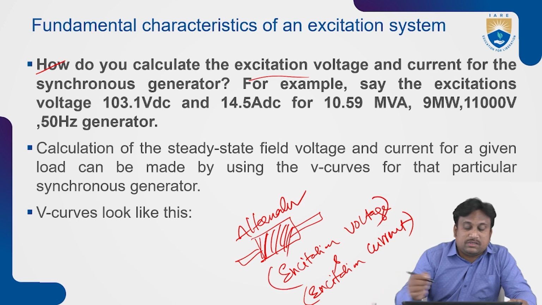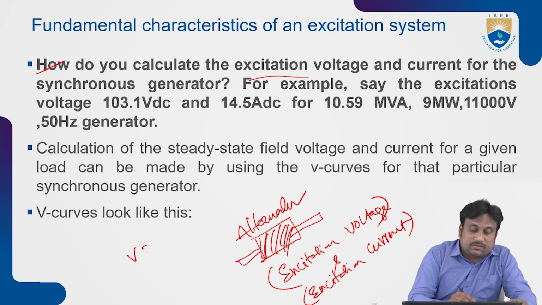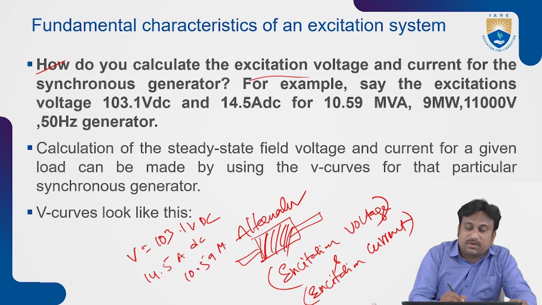For example, say the voltage is 103.1 volts DC and 14.5 amps DC for 10.59 MVA.